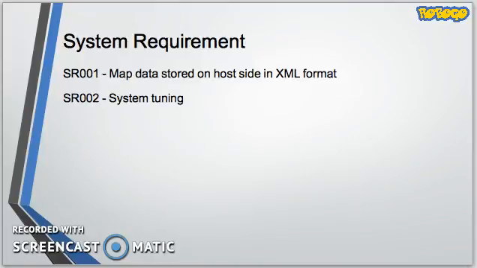Next are the system requirements. From the user requirements, we can tell that the map shall be stored on the host site in XML format, and the system is able to configure or tune itself in order to fit different environments.